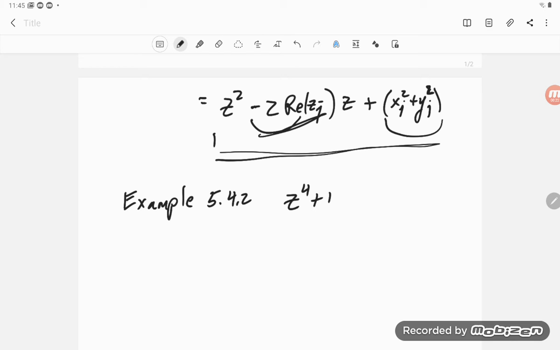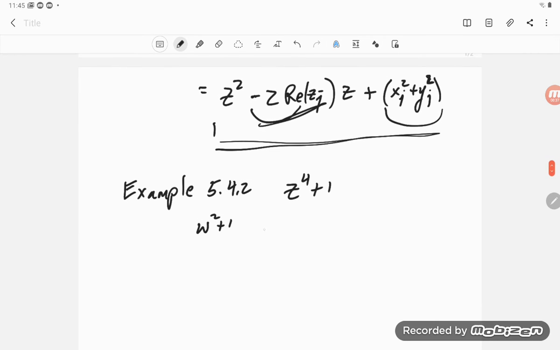They do a substitution and factor this. If I think of this as w squared plus 1, that's the same thing as w squared equals negative 1, and so we would have w equal to plus or minus i.